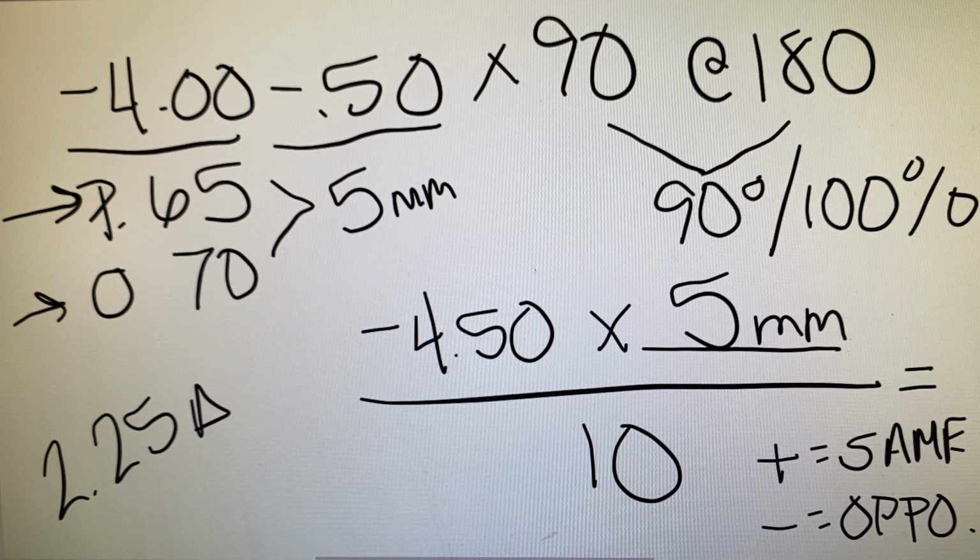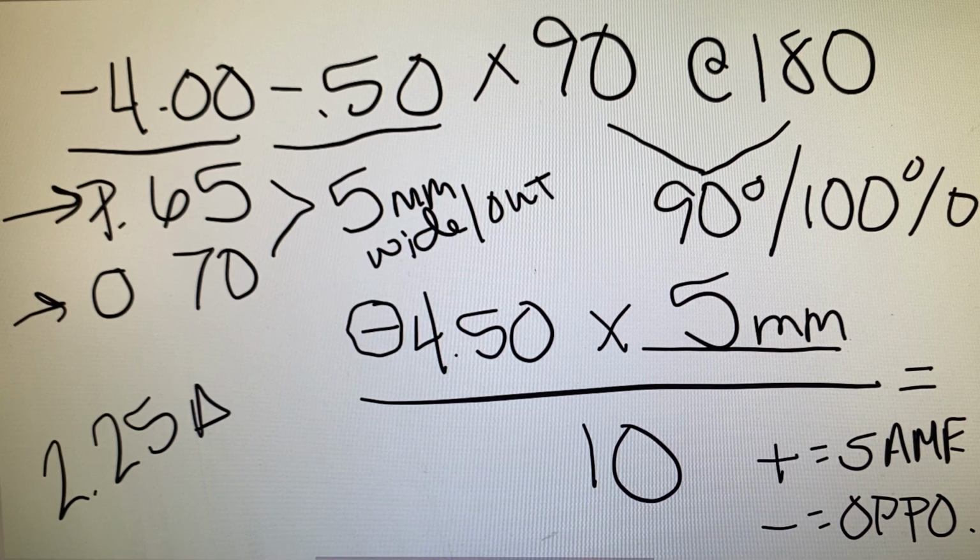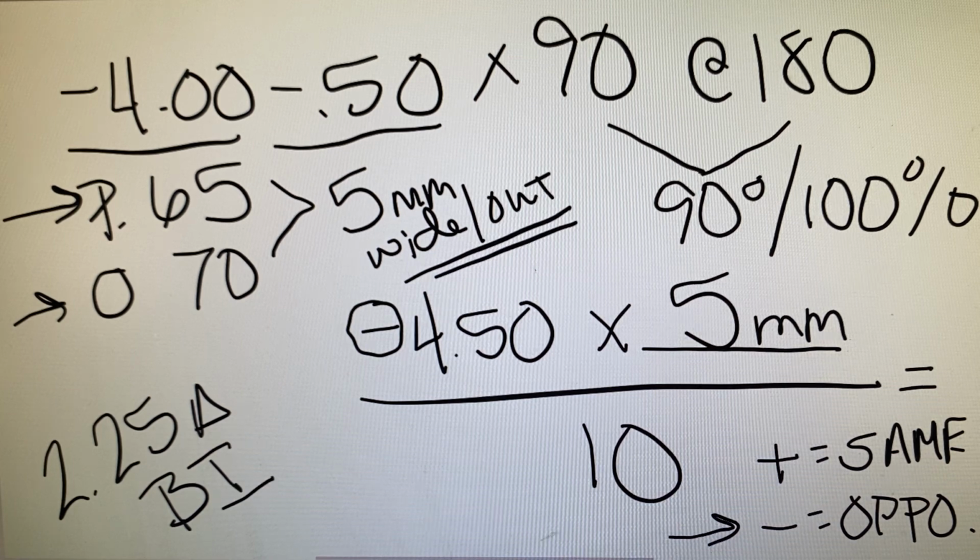So they made it wider or out further than they were supposed to. This prescription was a minus prescription, so we want the opposite direction as how these glasses were made incorrectly. So the opposite of out would be base in.